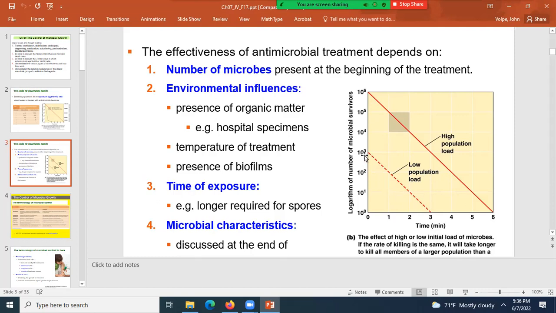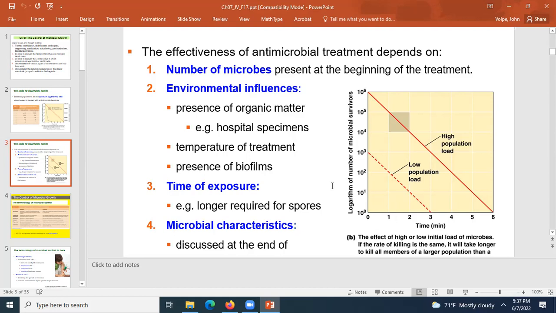If there are fewer cells, like 10 to the 3rd, you'd only need to expose it for 3 minutes to get it down to 1 cell. There are environmental influences that can affect the effectiveness of the antimicrobial treatment. The presence of organic matter can affect the effectiveness of the treatment.